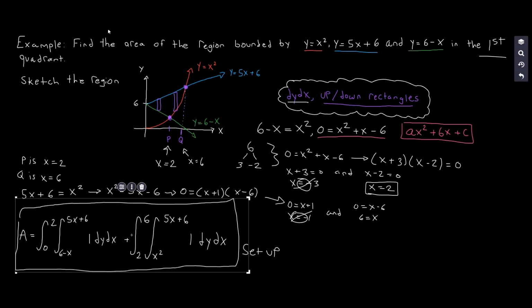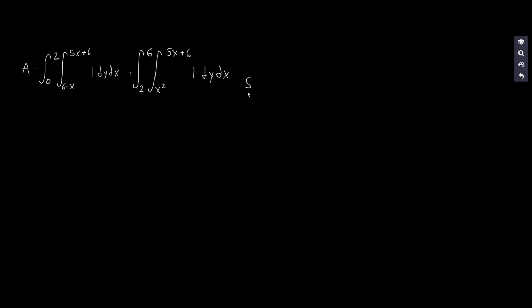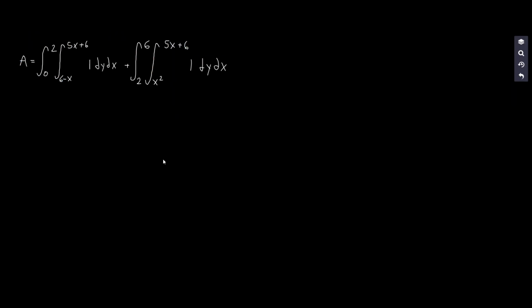Okay, so I'm bringing this over here because now we have to evaluate it. How do we want to do this? The first part is made a little bit easier because the integrand is 1.